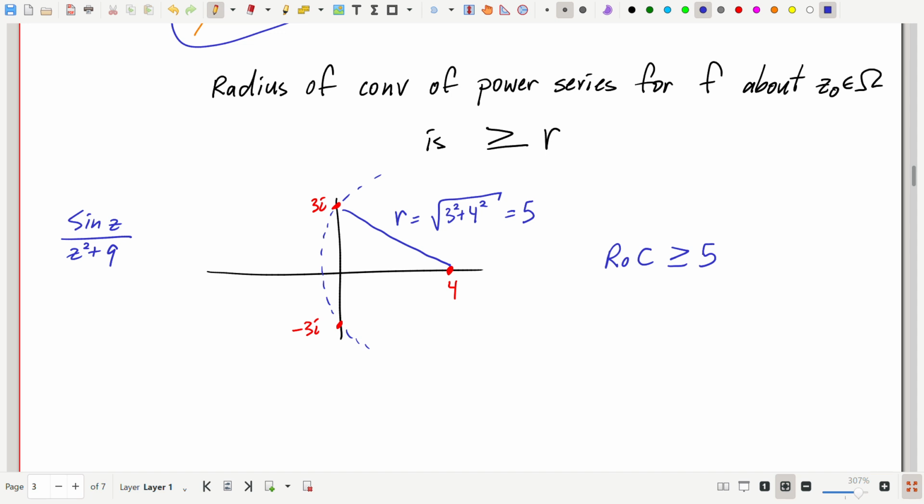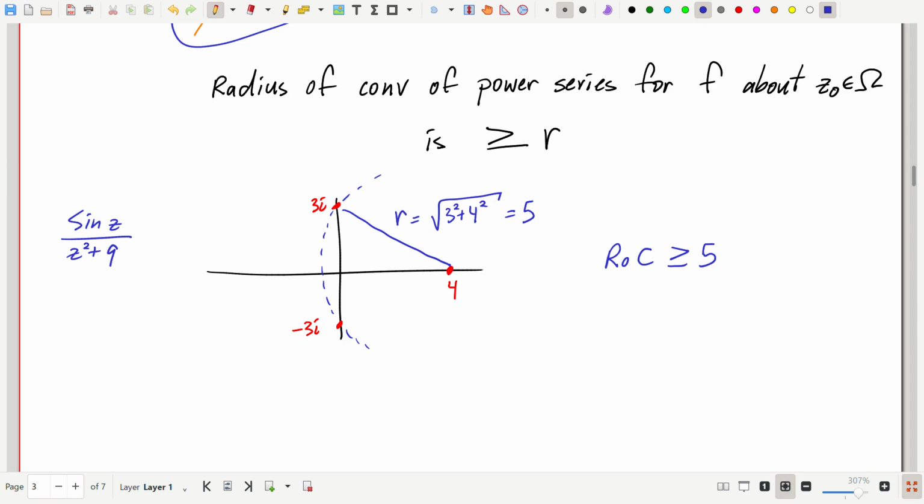An important thing to know is that sine of z does not vanish at 3i. If it had a simple 0 there, then that wouldn't blow up at all, and I couldn't use this argument. The singularity would be removable. But sine only vanishes at multiples of pi along the real line, even in the complex case.